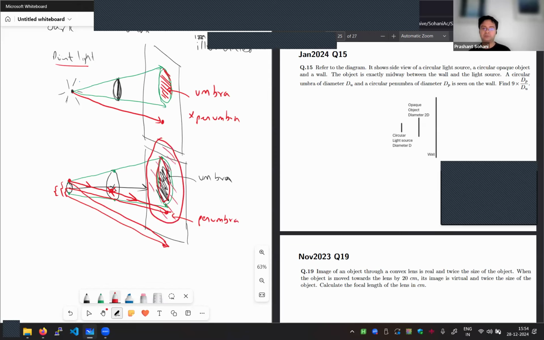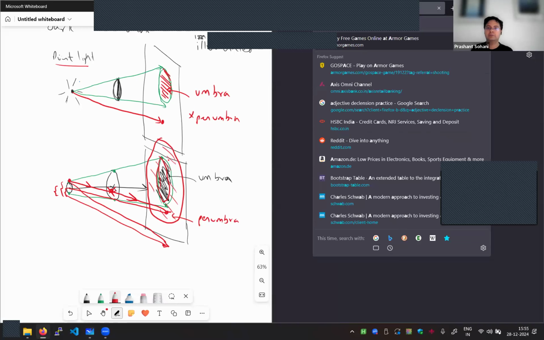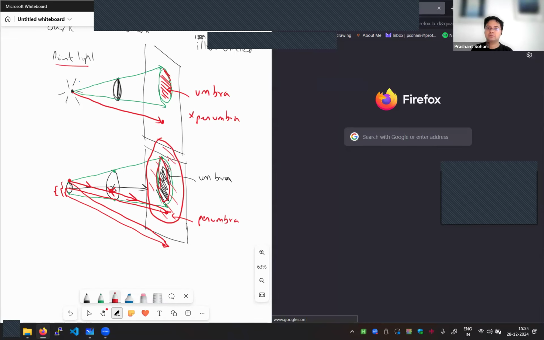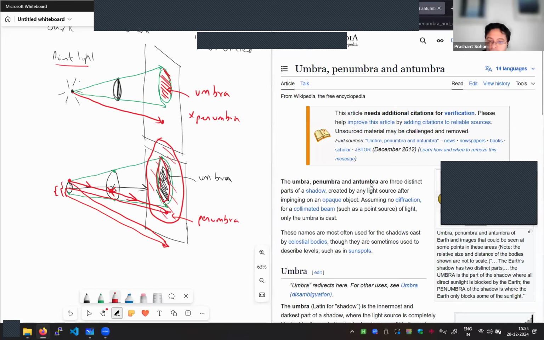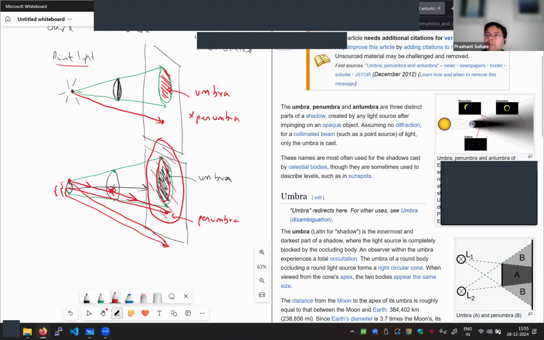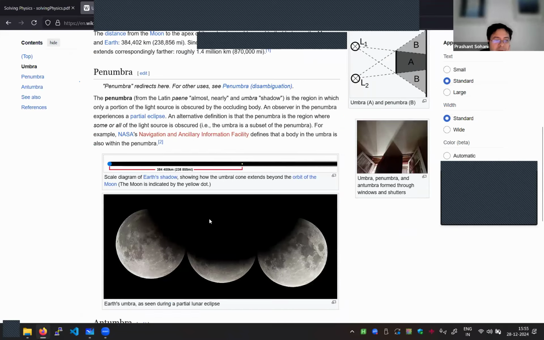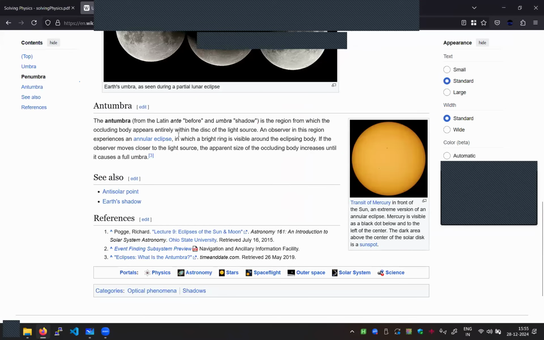Okay. Yes, Harish. Sir, what is then antumbra? Antumbra. Yes. I never heard of this term. Let me Google it. I have never heard of this term. Okay, let me read it. It might be the completely illuminated area.